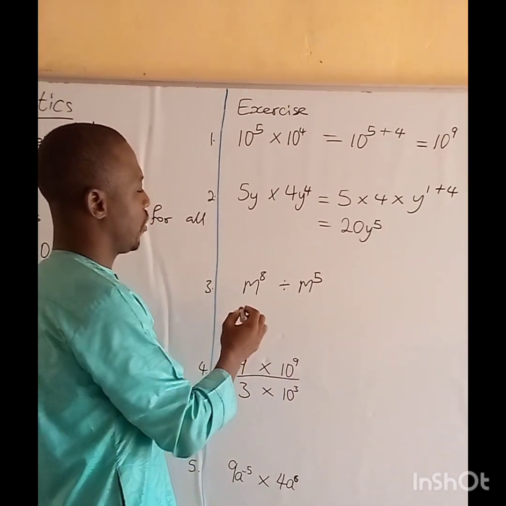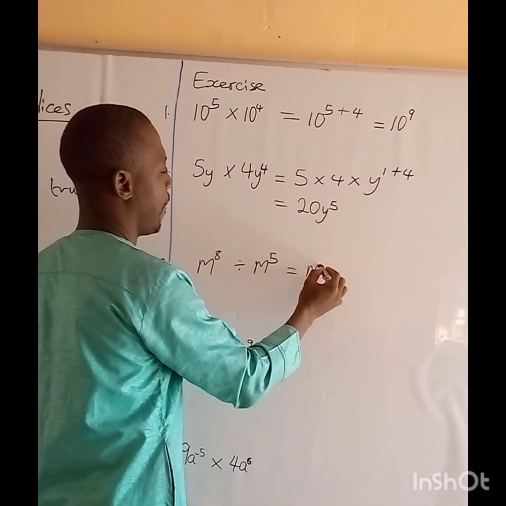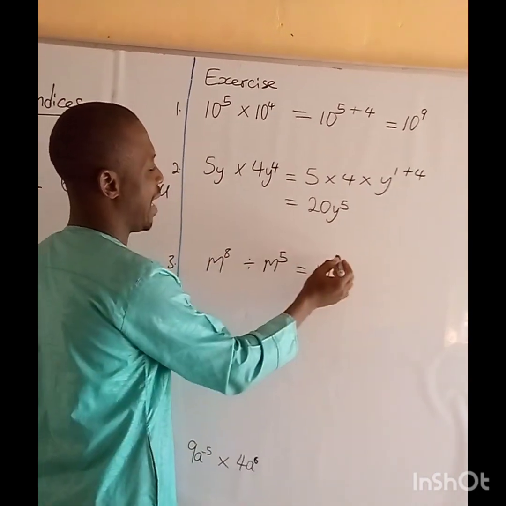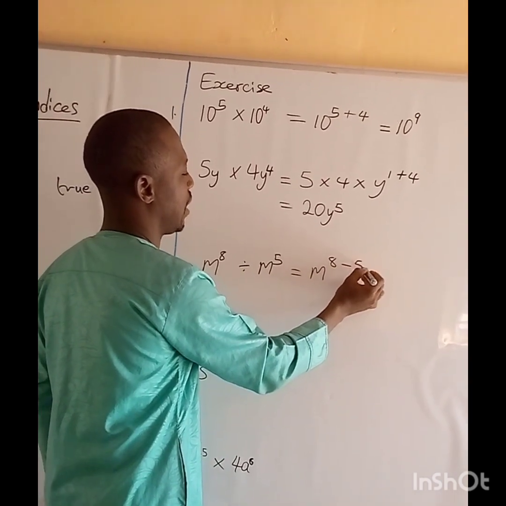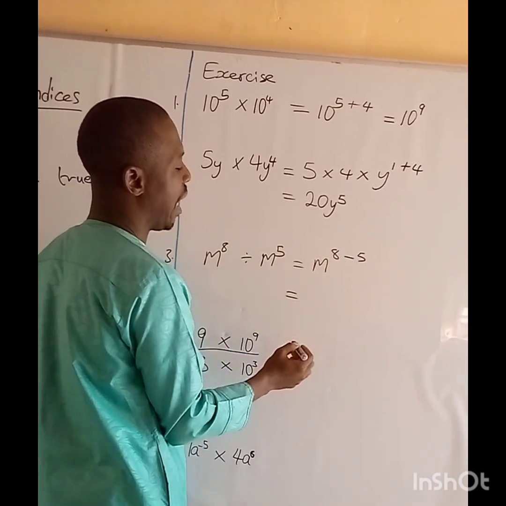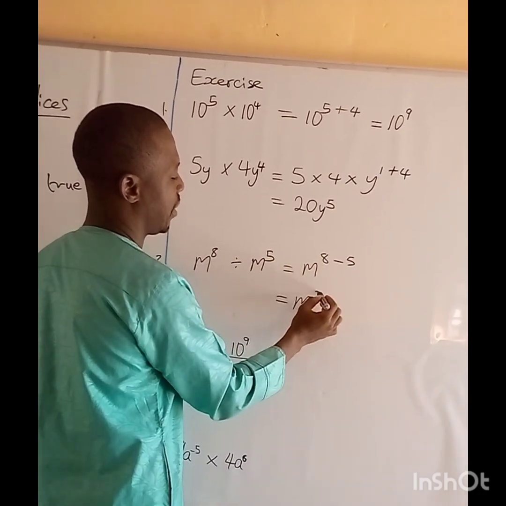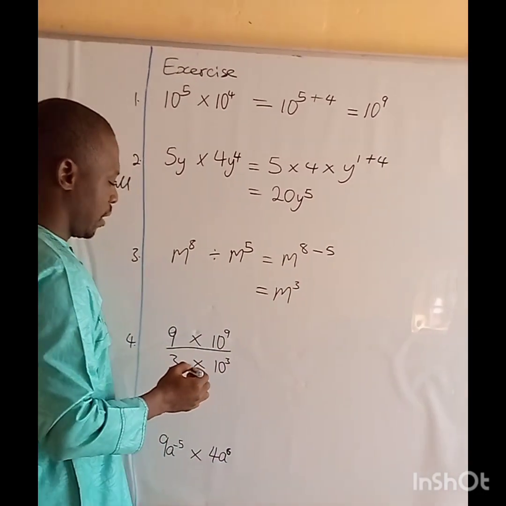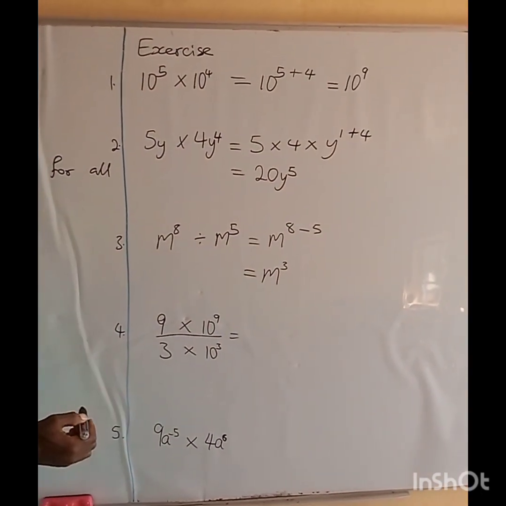And then for number 3, we have n raised to power 8. Since we are dividing, we'll subtract their power. And then we'll now have n raised to power 8 minus 5, which is 3. That is the result for number 3.